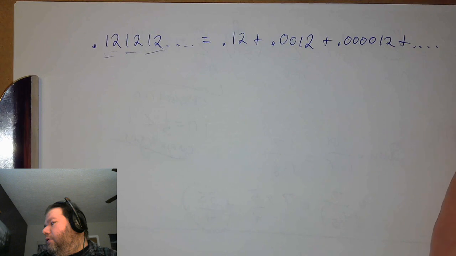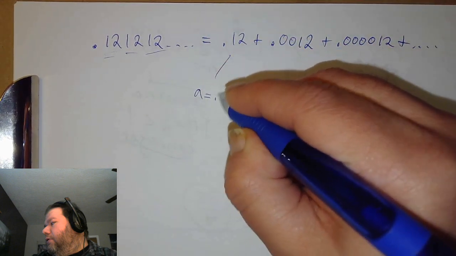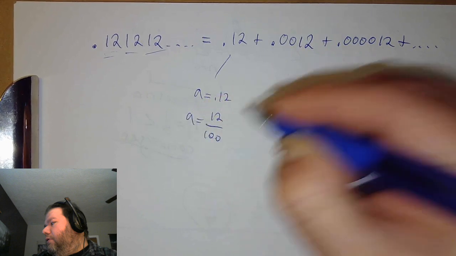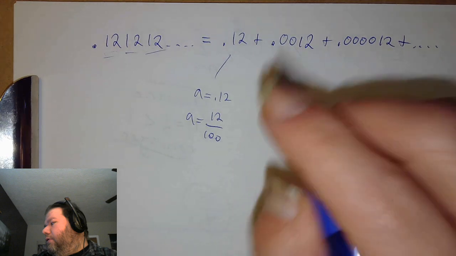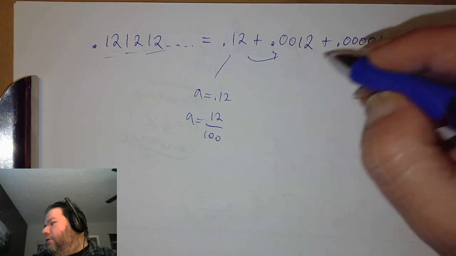And it turns out to be geometric, because our first term, a, is 0.12, or we can think of it as 12 over 100. We could reduce that, but it might be easier if we don't. And then we need a common ratio.